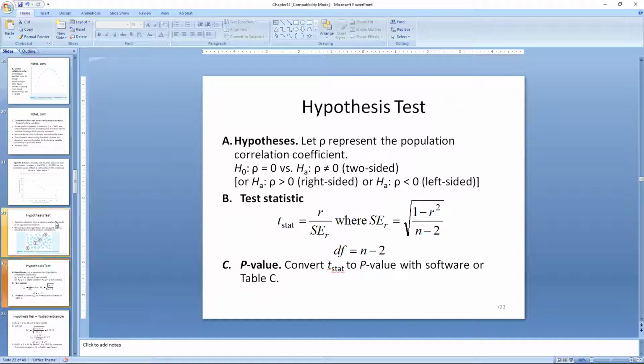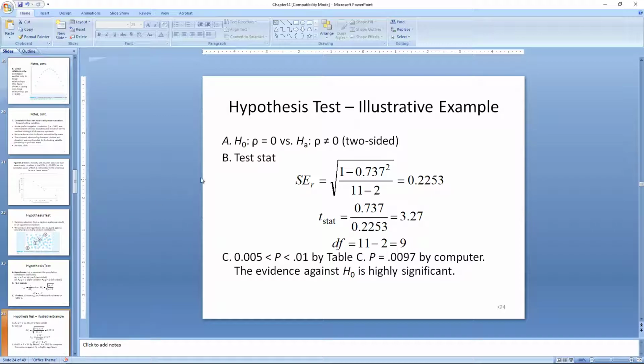So for our illustrated example here, we have rho equals 0 versus alternative hypothesis rho is not equal to 0, two-sided. Our standard error of r, the square root of 1 minus 0.737 squared over 11 minus 2, equals 0.2253. We have our t-stat of 0.737 divided by 0.2253, which equals 3.27, with the degrees of freedom equaling 9, which is 11 minus 2.